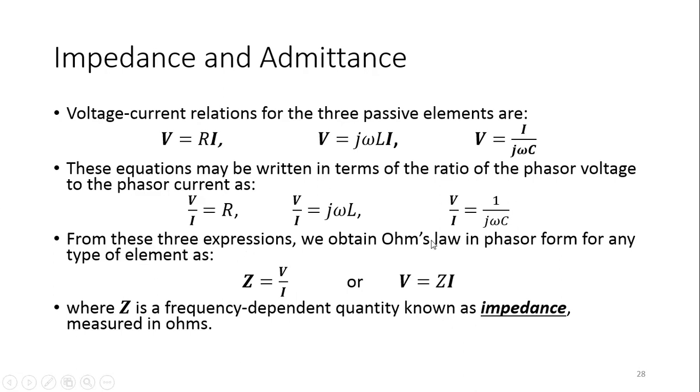From these expressions we obtain Ohm's law in phasor form, that voltage is equal to Z times the current phasor, where Z is a frequency dependent quantity, because Z is a generic term which can be R, j omega L or 1 upon j omega C. So when we have this omega term here, it means that it is frequency dependent, and although we measure this term in ohms, it is frequency dependent and it is called impedance.